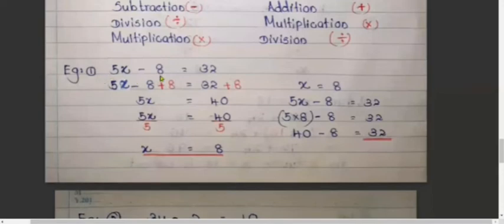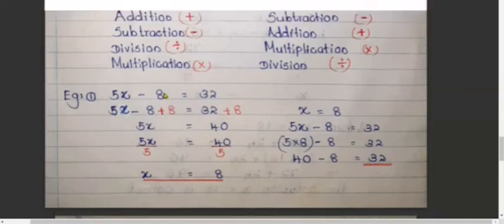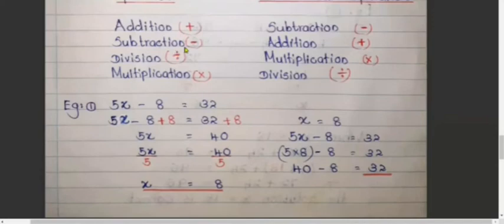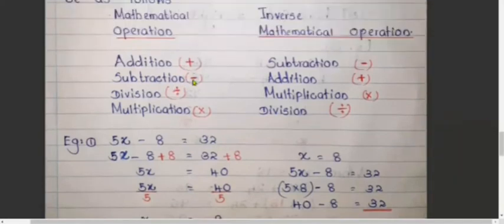5x minus 8 equals 32. 5x, what do you do first? You have to omit this minus 8. So what do you do, children? What is the inverse operation of subtraction? Addition. Now you can see here plus 8.